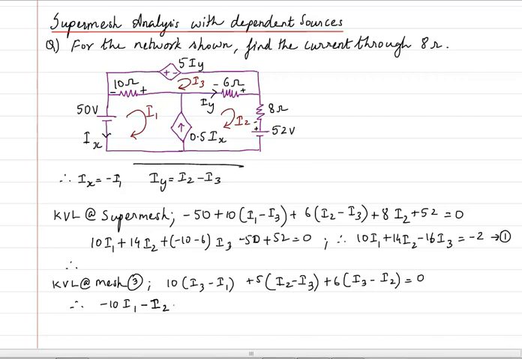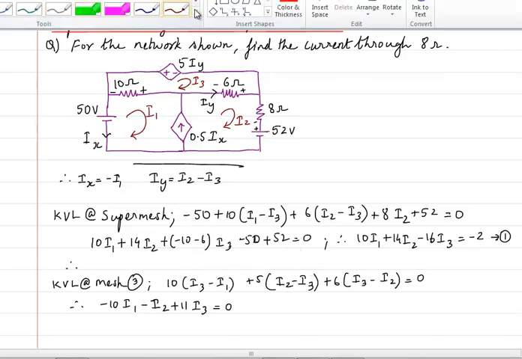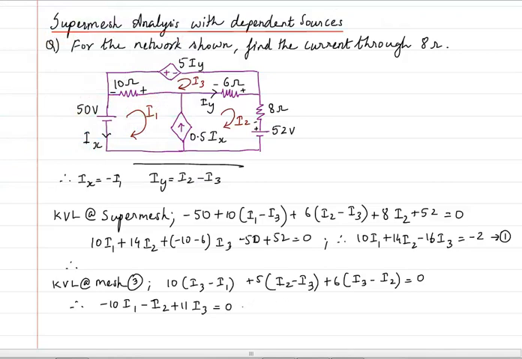And then finally for I3, it's going to be 10 here, minus 5 here, and 6 here. So I will get 11. So plus 11 I3 is equal to 0, because there is no constant value. So let me clean it up. Now we have got the second equation for mesh 3.